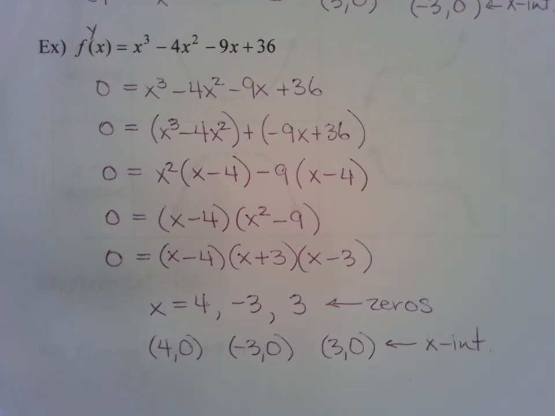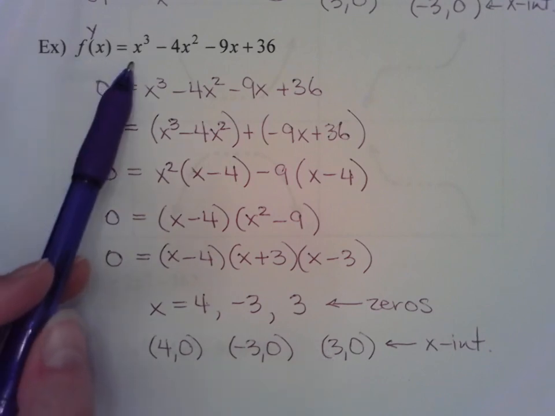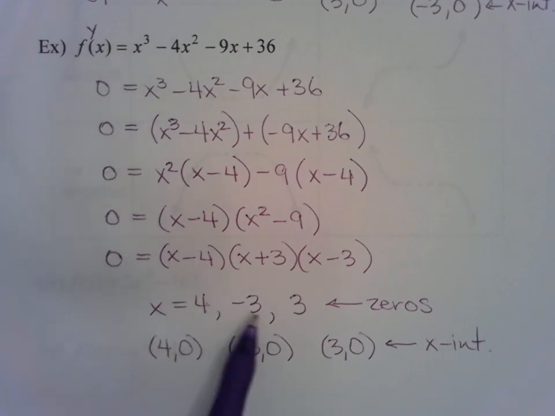Okay, so if we were going to make the graph for this function, we could start by plotting these 3 points right on the x-axis. If we go all the way back to the top here, notice the degree is 3. So we could have found at most 3 zeros, and we did find all 3 of them.